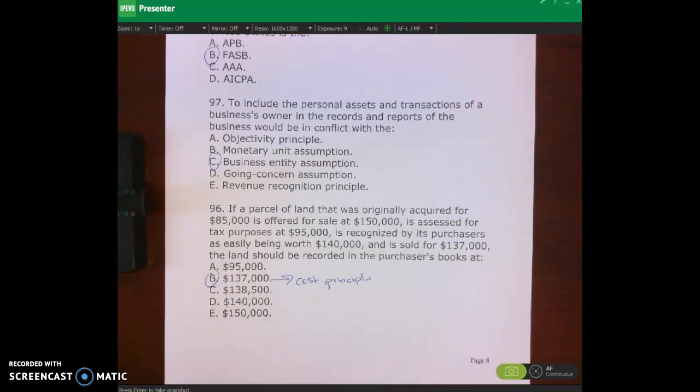The land should be recorded at which option? And the right answer is B, $137,000, which is the cost. Remember the cost principle. This is consistent with the idea of the cost principle. So it's reported at cost, which is the $137,000.